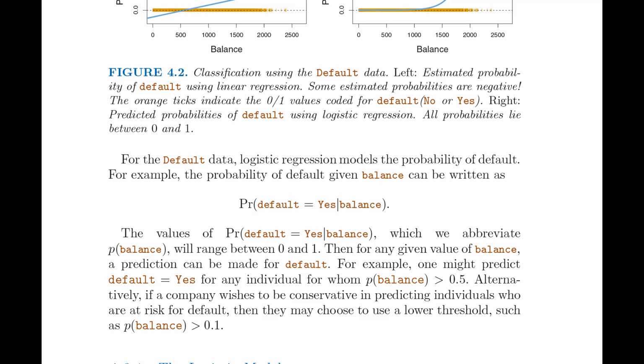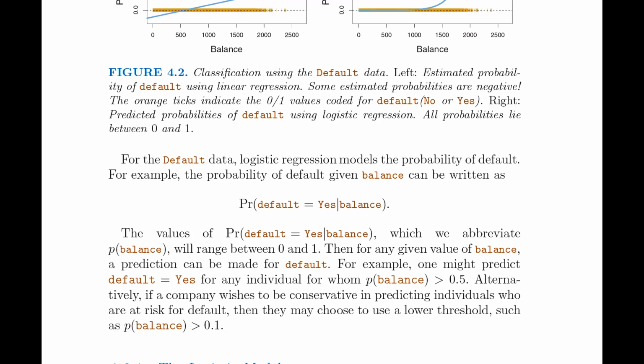So that balance might be 500, it might be 1,000. The values of probability default equals yes given the balance, which we abbreviate to p-balance, will range between 0 and 1.